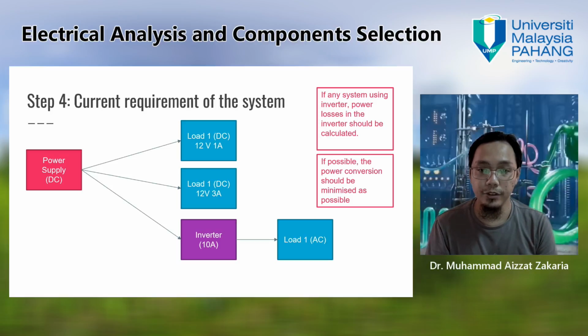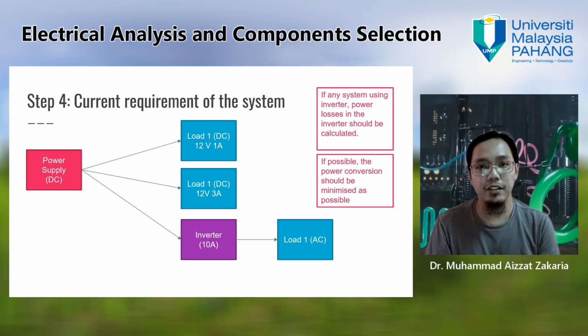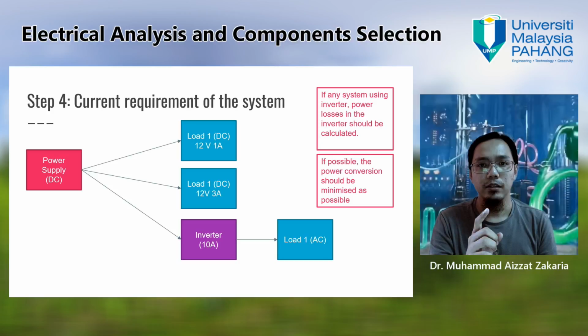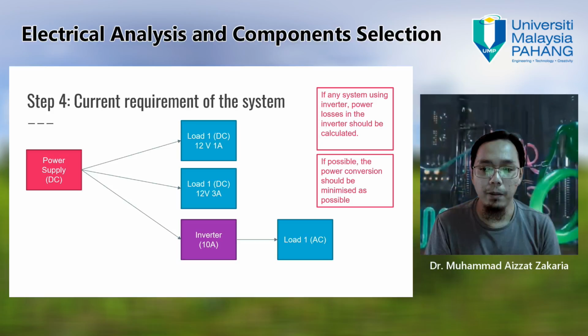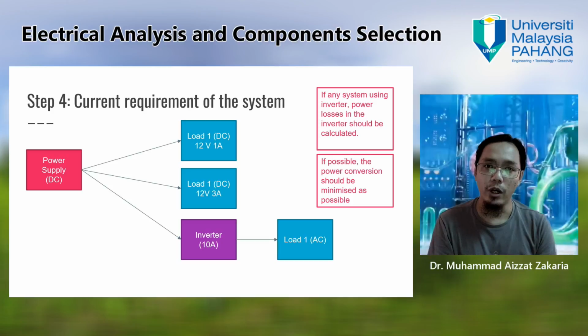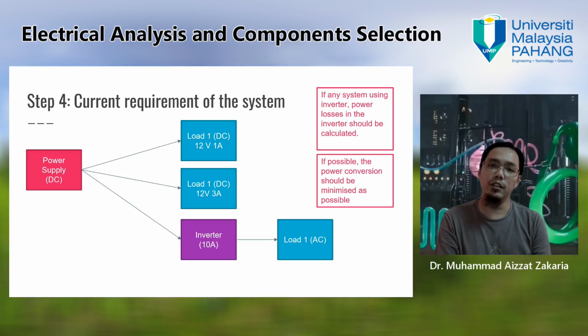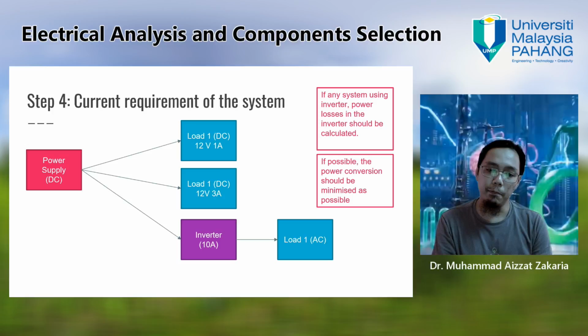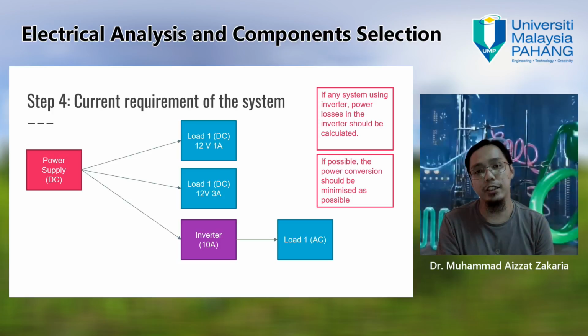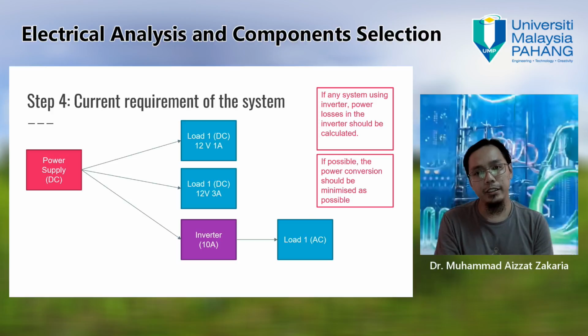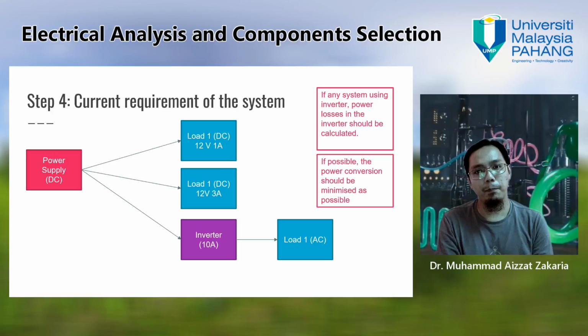So you have to consider every load involved in your system and the total power supply required. For example, if one system requires 1 ampere of current and another requires 3 ampere, we need a power supply that can supply 4 ampere maximum current.